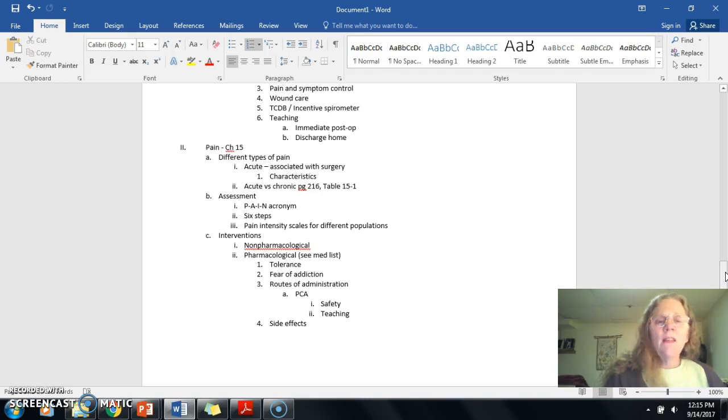And then I have posted a medication list. Most of the meds on that list have to do with pain management. There are a couple other ones that relate to the geriatric section of this unit, but most of them are pain meds. So you can look at that list and try and fill in that grid that I've created for you.